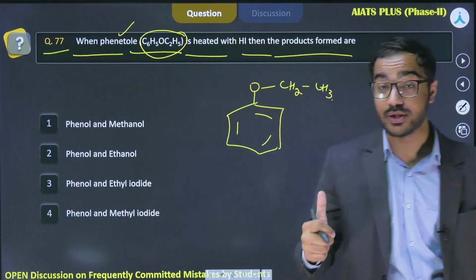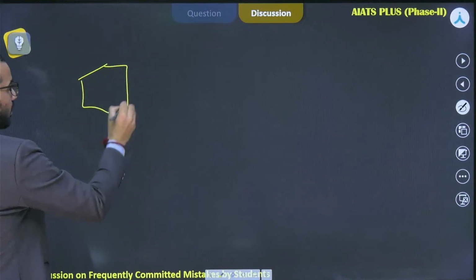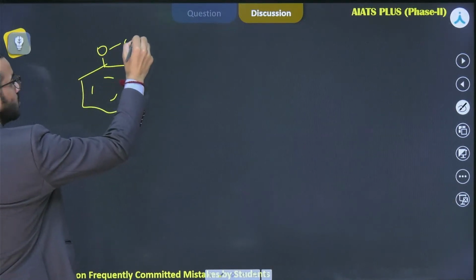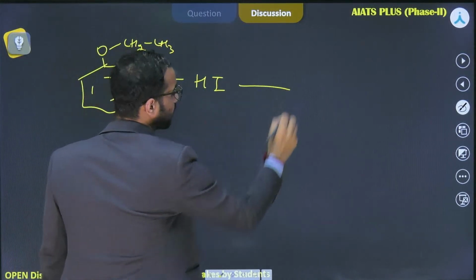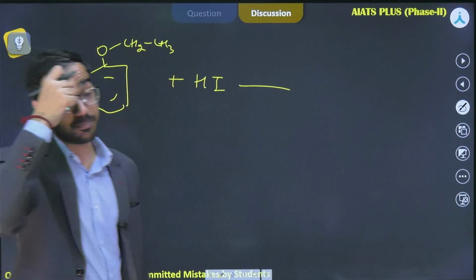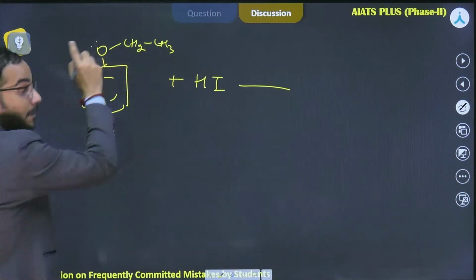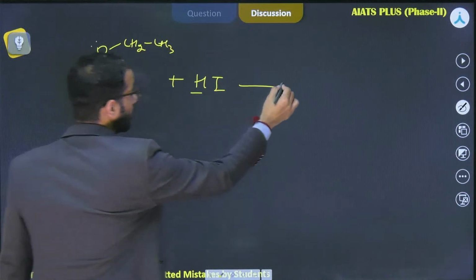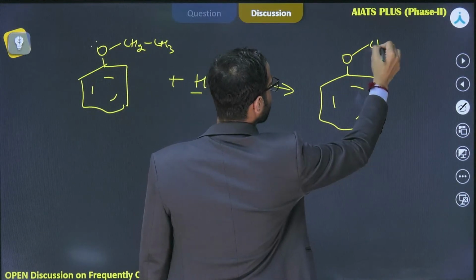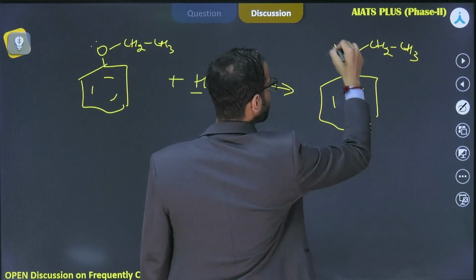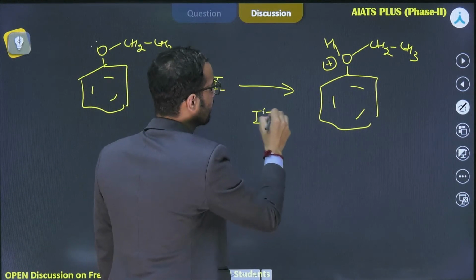And if you are reacting with HI, we can take it on another slide. You are having OCH2CH3, and you are reacting with HI. So what will be the product formation? We have done this in the previous session as well. Directly, the lone pair of oxygen will take a proton from here, and you will be having an oxonium ion with the positive charge over here, and there will be the presence of I negative.